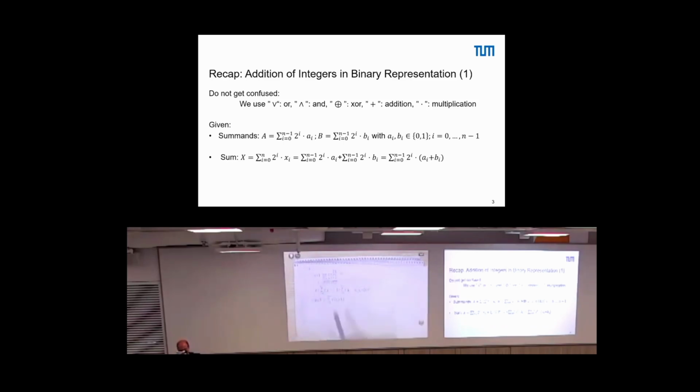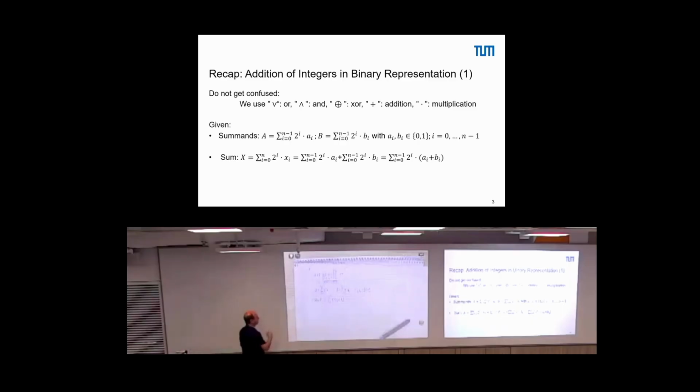Then we said we can write the transform from a binary number into a decimal number as such a sum, where we go over the length of the complete bit string. For us, we only focus on positive numbers. It makes it a little bit simpler for the explanation. For B, the same as for A. And we have for each element, so for instance, let's take this 12.